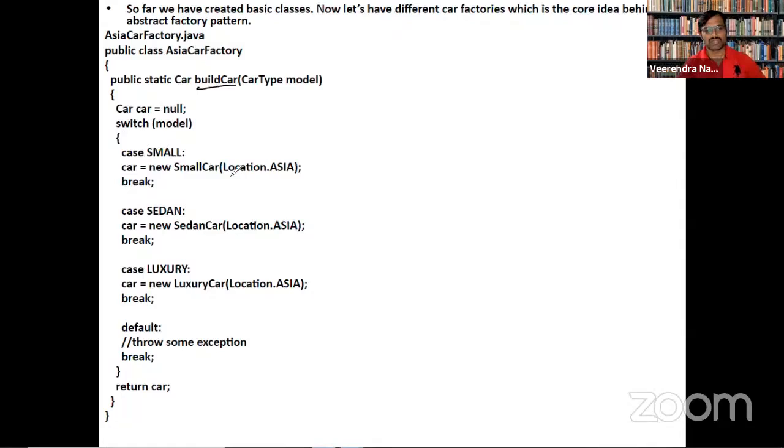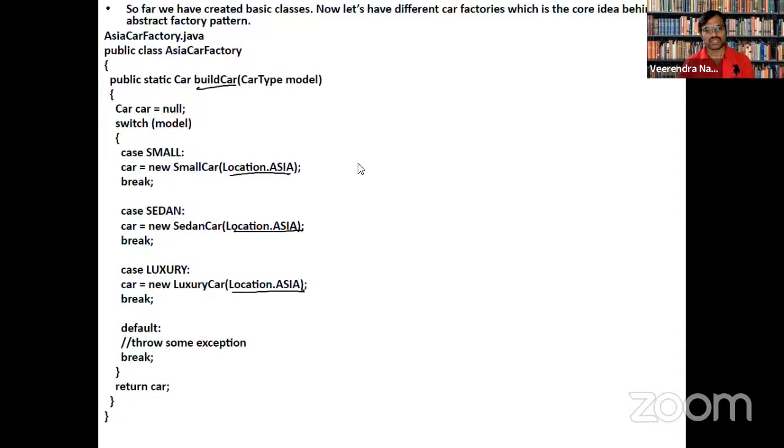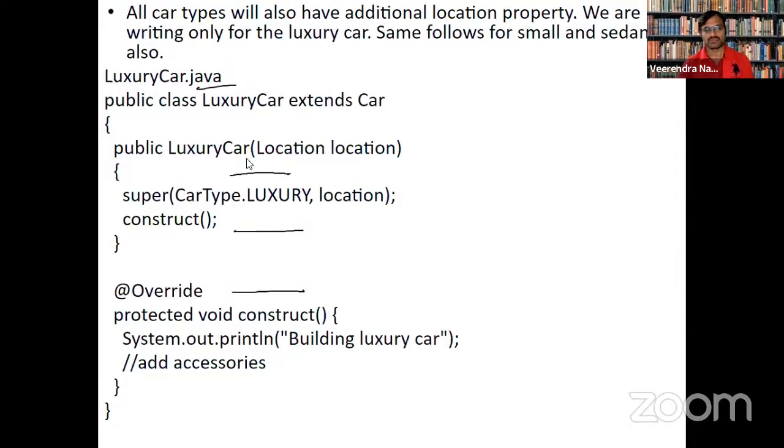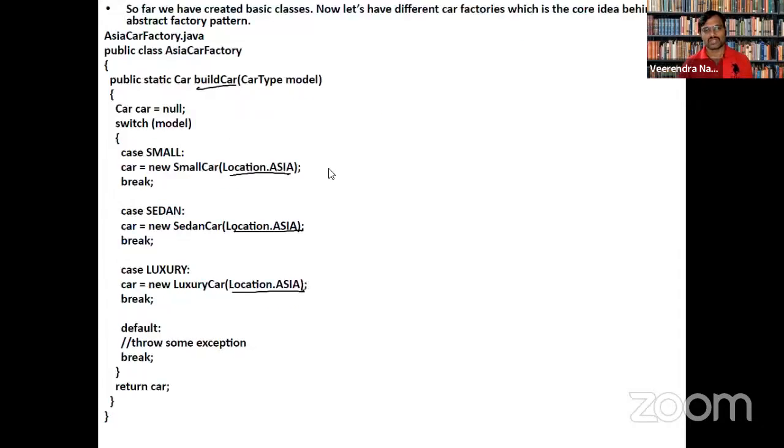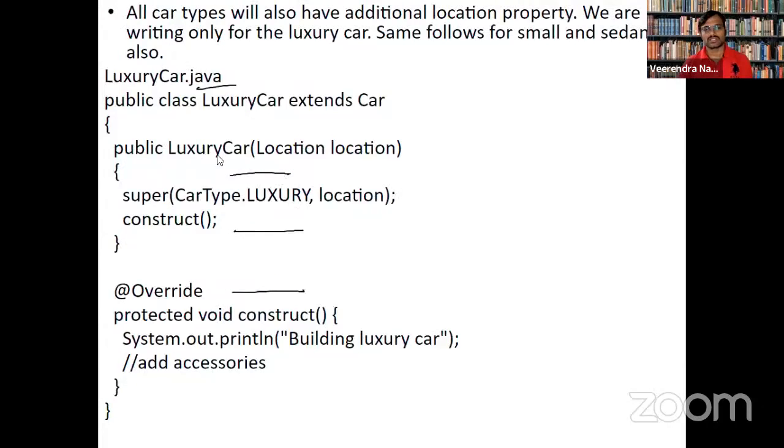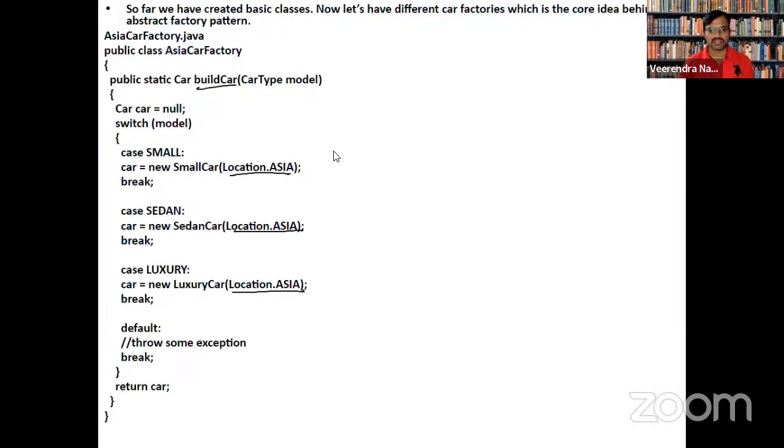In that you are having location Asia, and the location is included again here. In the luxury car we are including location, small car location dot Asia, luxury car location dot Asia. All those cars will be created in this way.